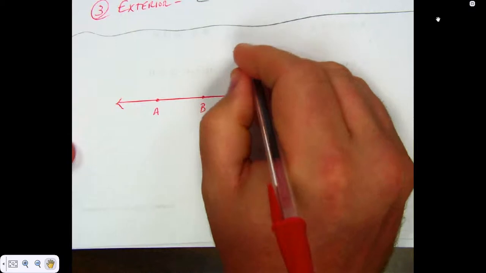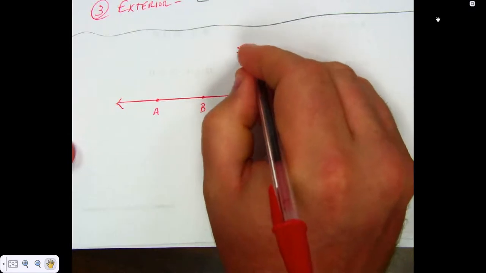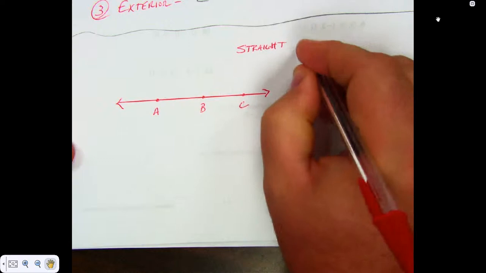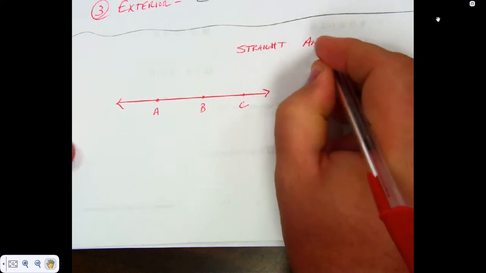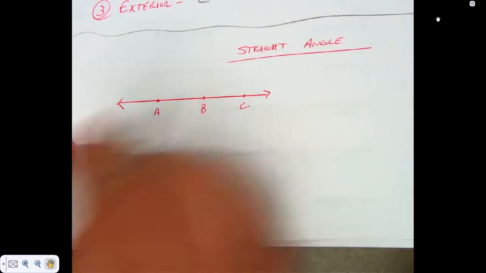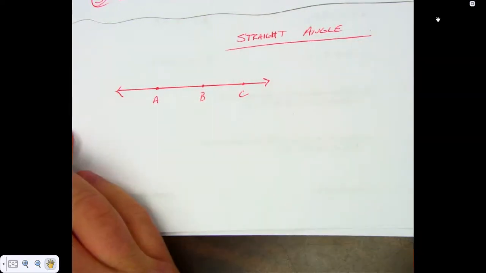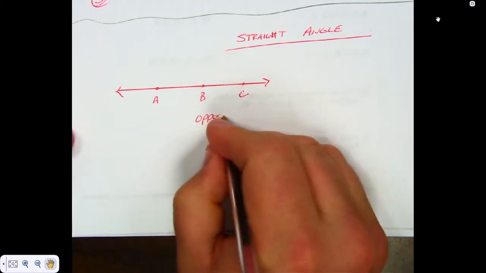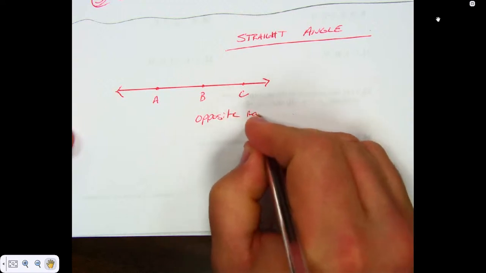It is called a straight angle. These here are called opposite rays.